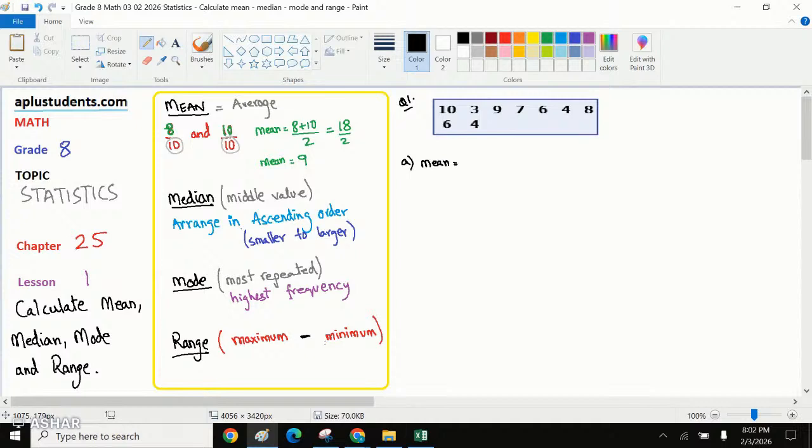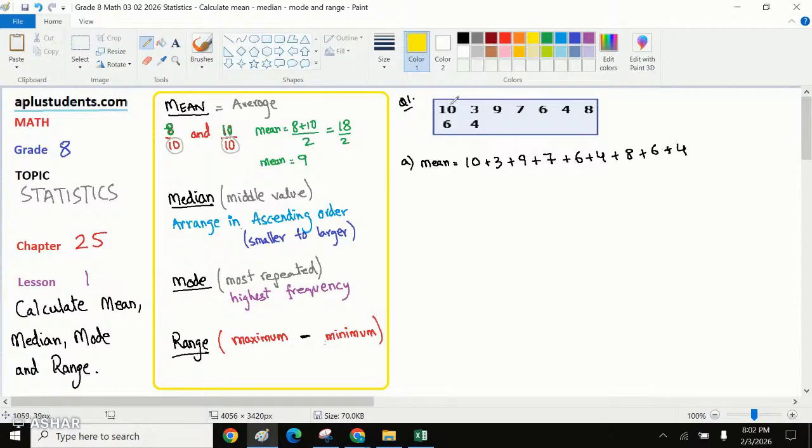How do we find the mean? I just told you we add all the numbers together. We can write 10 plus 3. It can be in decimal, right? We are just taking random numbers. Plus 6 plus 4 plus 8 plus 6 plus 4, right?